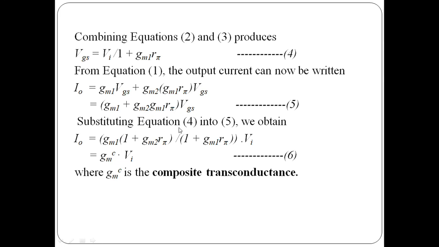This is equation 5. If I substitute equation 4 in 5, I can write I0 as gm1 into 1 plus gm2 r pi, divided by 1 plus gm1 into r pi, into Vi.